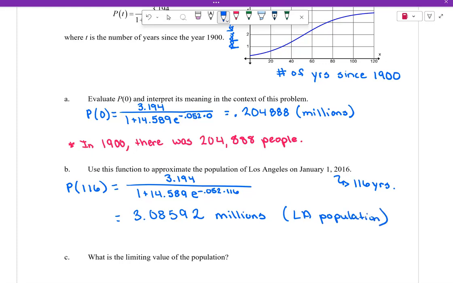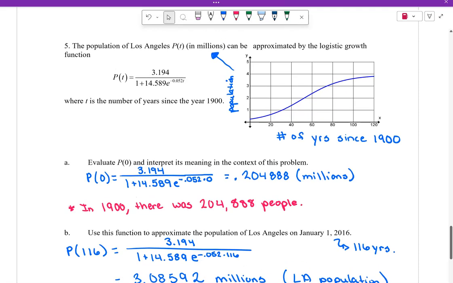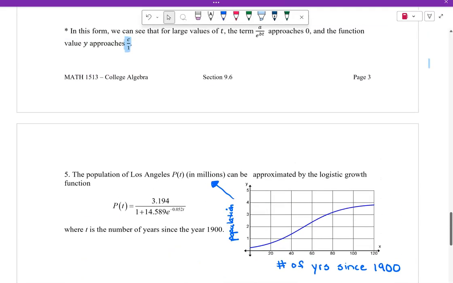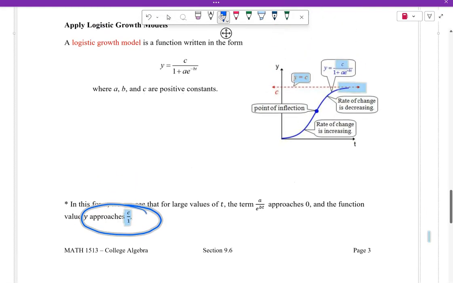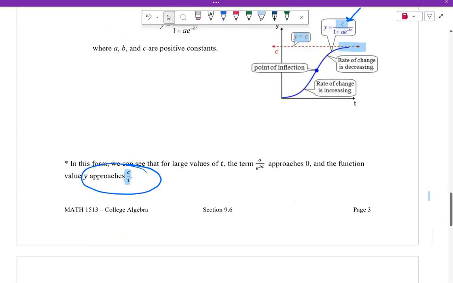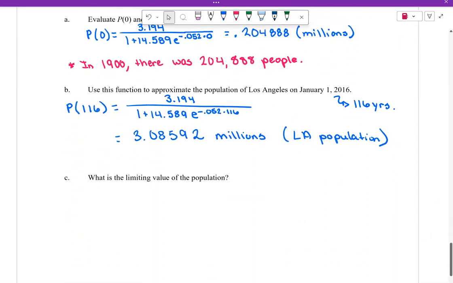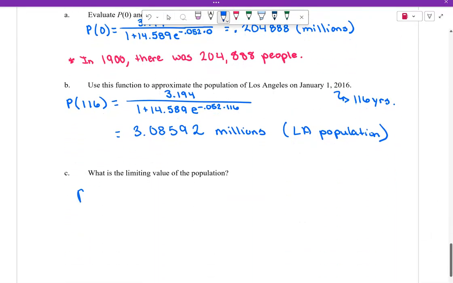The next question says, what is the limiting value of the population? So basically, where is this starting to level out? Remember what it says: the function value y for large values approaches C over 1. And C is located right here. So I'm just going to rewrite the formula.